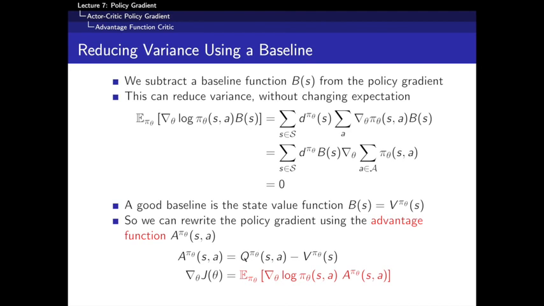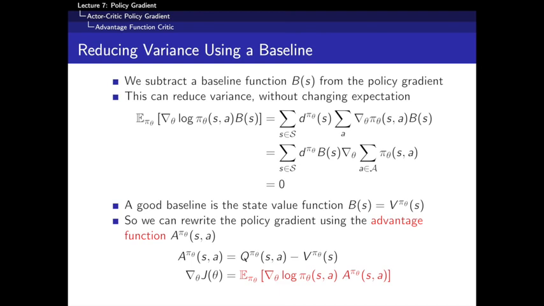But now this result tells us that we can add or subtract anything we want from this q, as long as that thing is just a function of state and not a function of action, so as to control the variance of this whole term. We want this expectation to be low variance, but we don't want to change the direction of ascent. And there's a particularly nice choice we can pick, which is going to have some nice consequences for us.